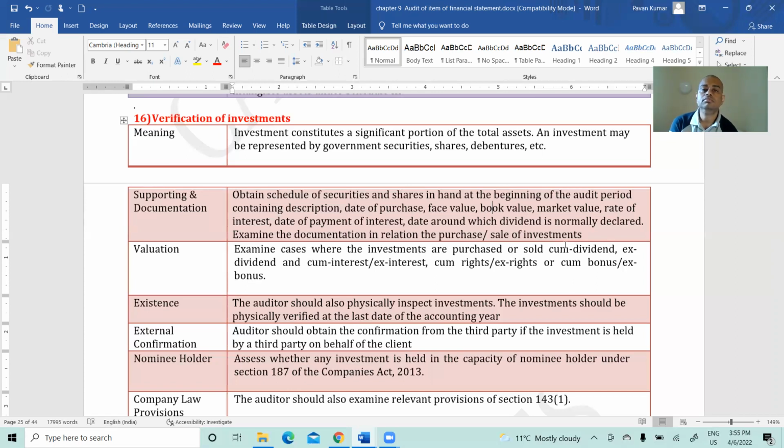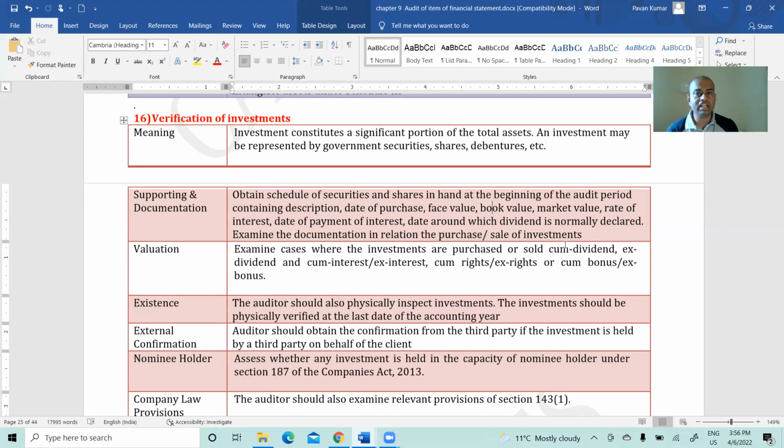Or there is another document called CAS, consolidated account statement. This is sent by NSDL. NSDL, CDSL, you might be knowing, right? Depositories. A depository is basically like a bank.